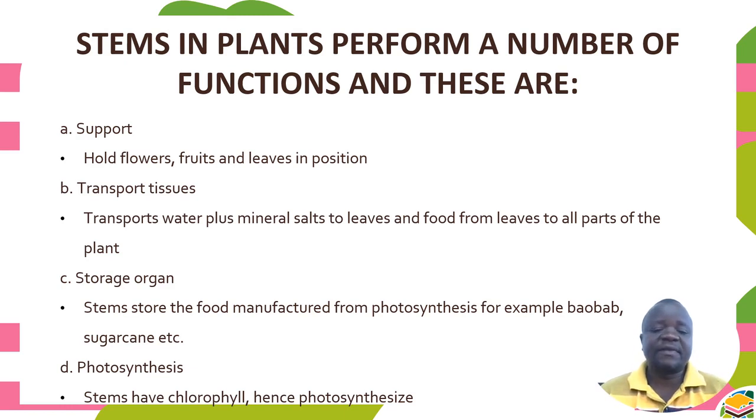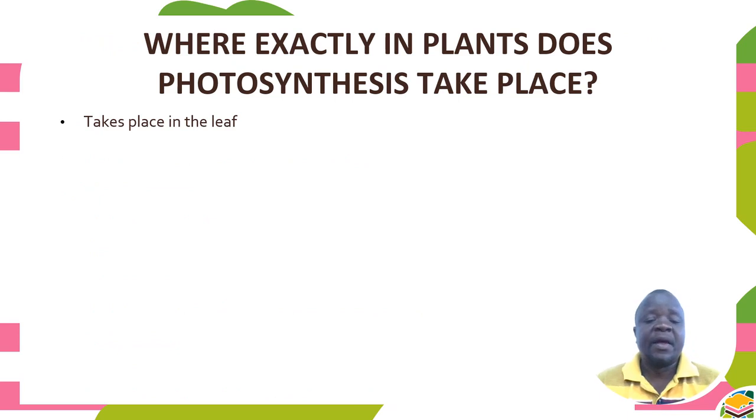Now let us look at photosynthesis. We said partly the stems are also used for photosynthesis, which is evidenced by the presence of chlorophyll. The presence of chlorophyll is a sign that the stems can also carry out the process of photosynthesis. Now, where exactly in plants does photosynthesis take place?